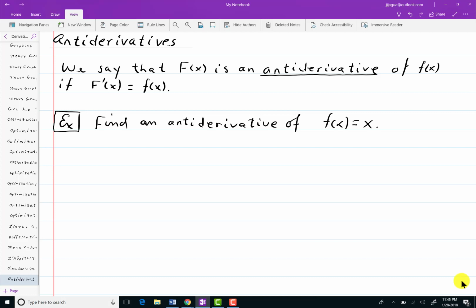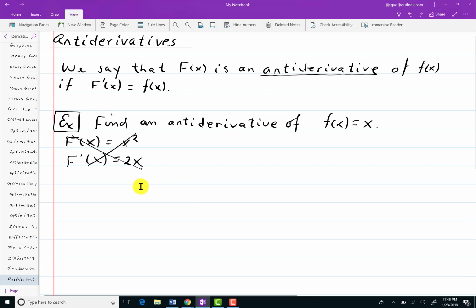Find an antiderivative of that. So we have to think of what we would use for capital F of x in this case. What can you think of whose derivative is x? Well, you might try x squared, but when you take its derivative, you get 2x. So that's not quite the same as x. That 2 is in the way.